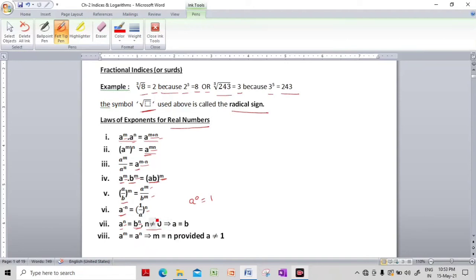But we are not including this condition. So in that case a is equal to b. Next, whenever we have a power m equals a power n, meaning the bases are the same, then we can compare their powers. Students will be doing questions based on this soon. So m is equal to n.